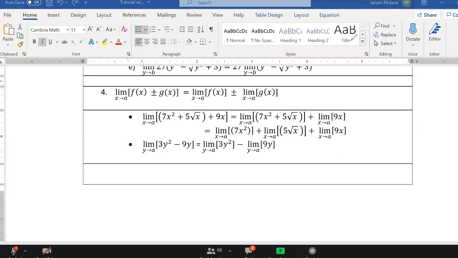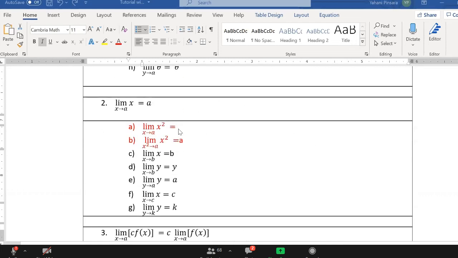2a, what happens? 2a, what is the answer? By only using the knowledge you have now, you can't find the answer for this question.